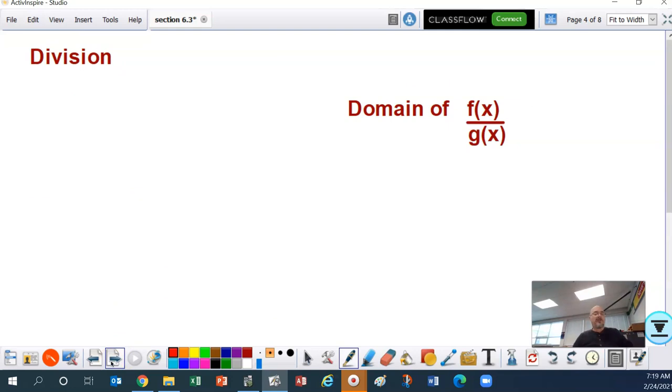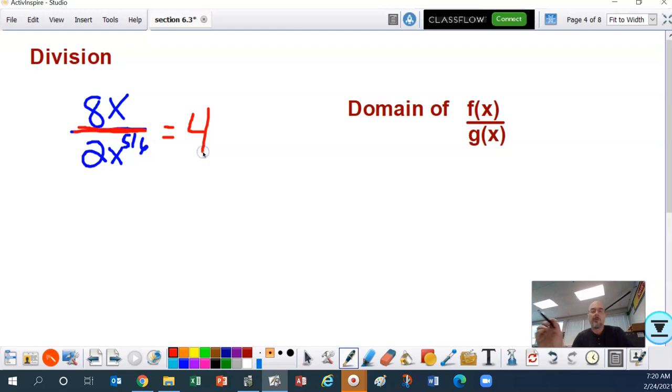So let's go ahead and divide these two really quick, and then we're going to move to something else here. So we're going to take the 8x, and we're going to divide it by the 2x to the 5/6 power. We're dividing, ladies and gentlemen. So 8 divided by 2 is 4.